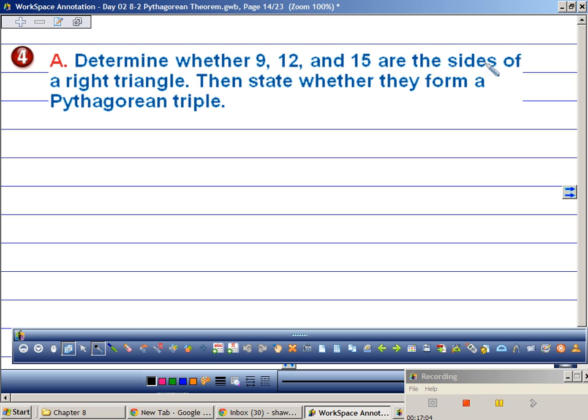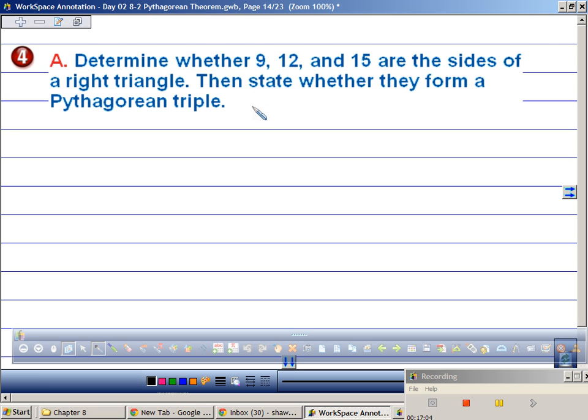So determine whether 9, 12, 15 are the sides of a right triangle. You should know this one right from the beginning. It's a Pythagorean triple, right? Because 9 squared plus 12 squared equals 15 squared, which is 81 plus 144.